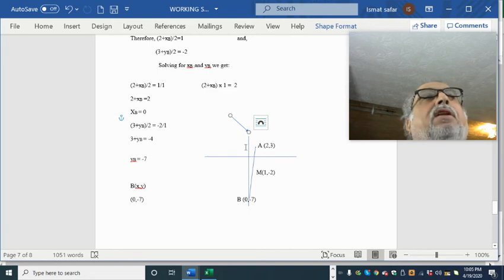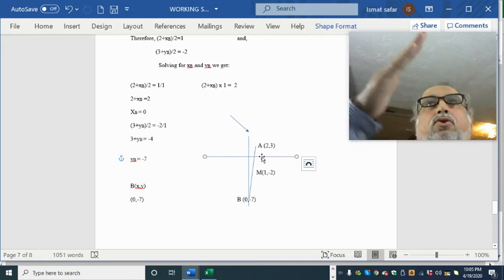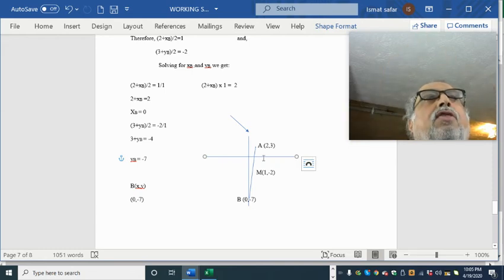What does that mean? You go on the x-axis, 1 unit, 2 units, and then you draw a line from here to point 3 on the y-axis. So the point A is 2, 3.